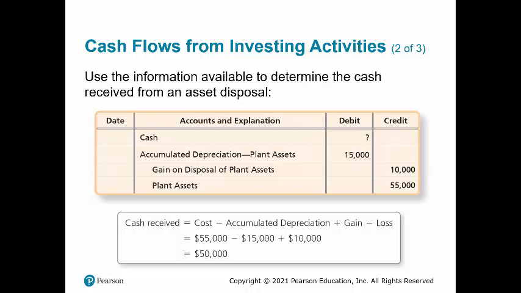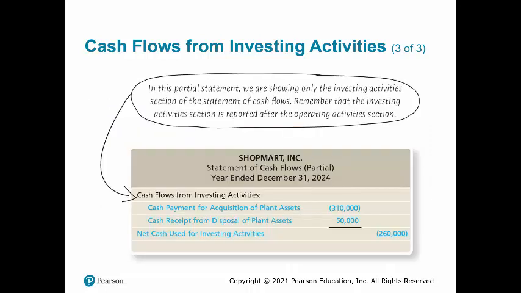Now we have the information that we need in order to be able to complete the investing activities section of the statement of cash flows. As you can see from this slide, we always report our cash receipts and our cash purchases or cash payments separately in the investing activities section.